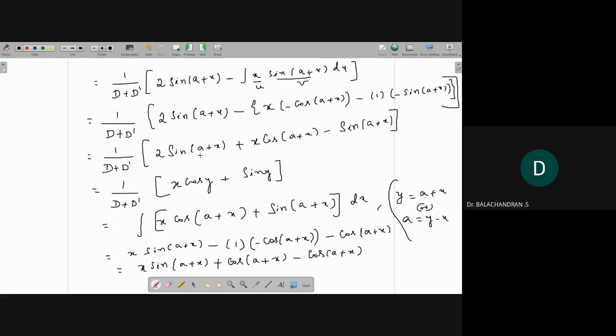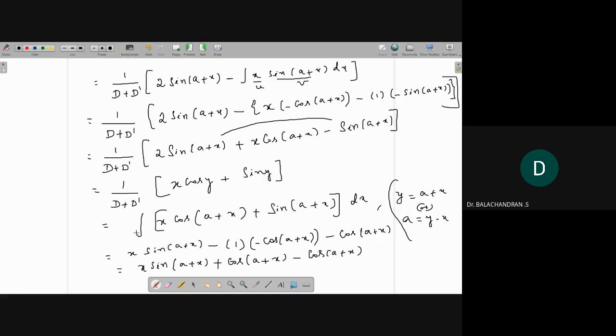Then here again I need to replace a plus x by y. So x into cos y. This is 2 sine of a plus x minus sine of a plus x, which is sine of a plus x, that is sine y. Now again you need to apply the 1 by (D plus D dash) formula.